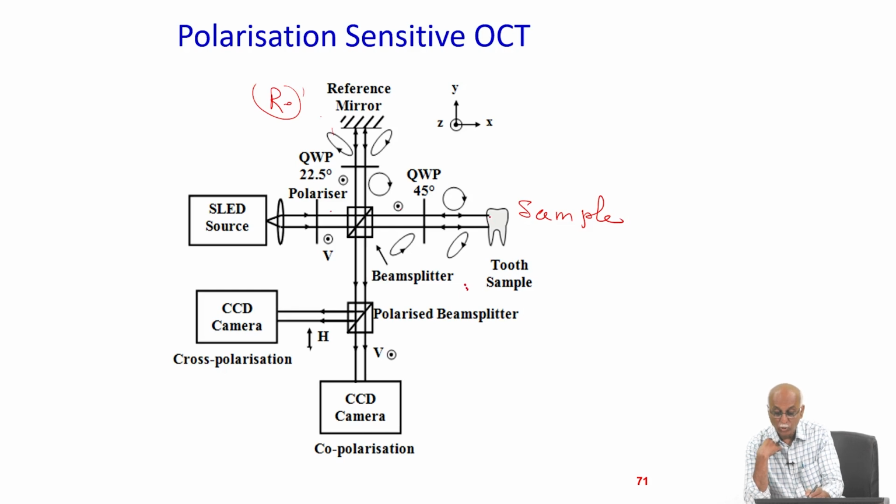So, if light goes through the sample and reflects back because of some discontinuity, what we will see is circularly polarized light got converted into elliptically polarized light, because depending upon the refractive index it observes, some orientation of these waves changes in terms of polarization state, since its propagation speed changes.